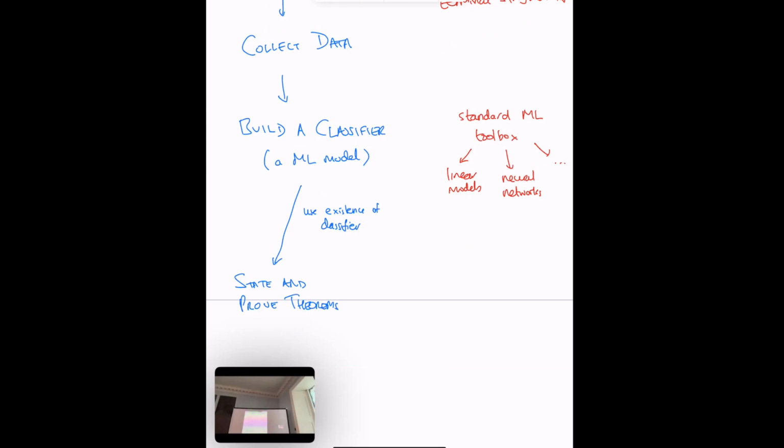And in an ideal world, you would also use information from the model itself to guide you in stating and proving your theorem.